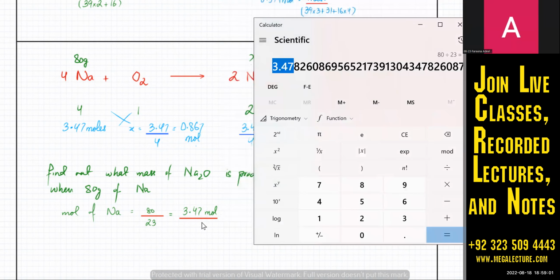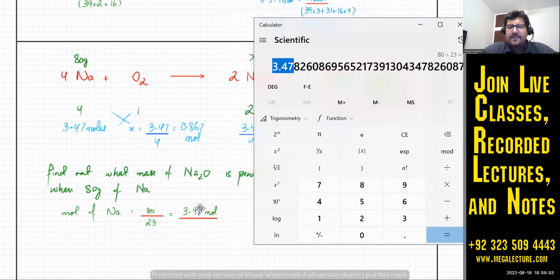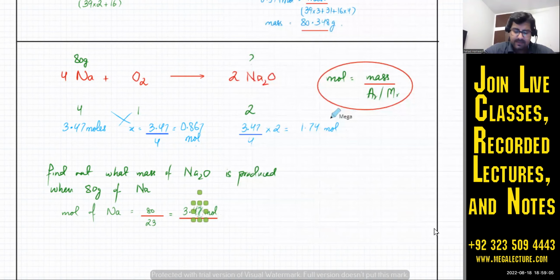So this number over here should not have been 3.47. It should actually have been 3.48. It's a very minor mistake, but I'm just pointing it out so we don't do that again.